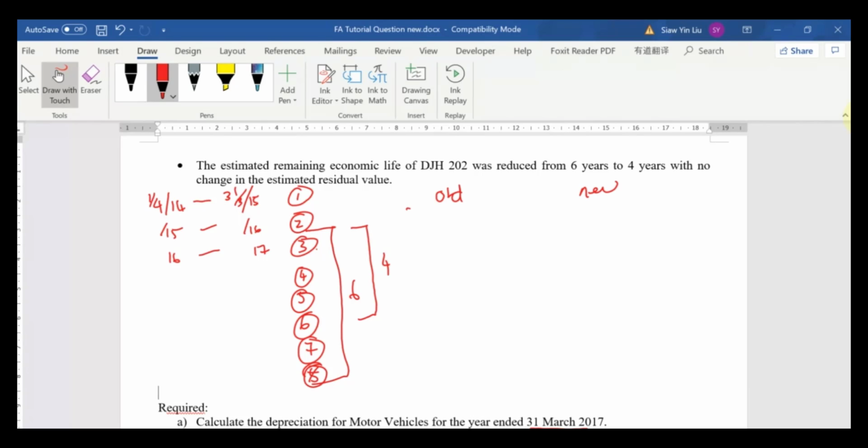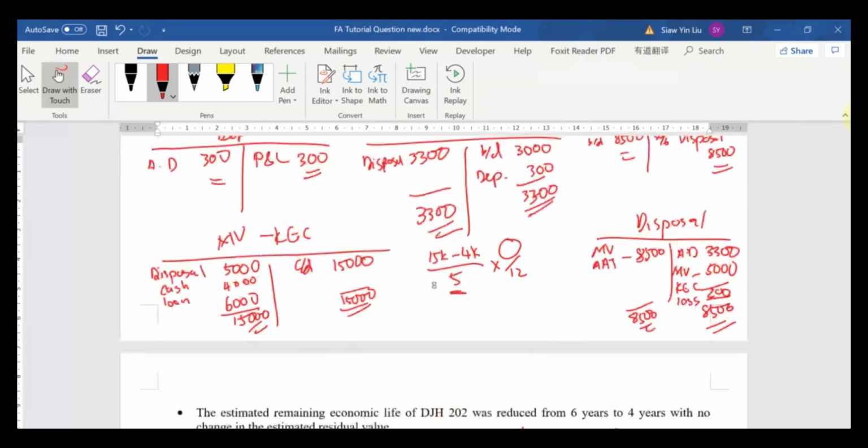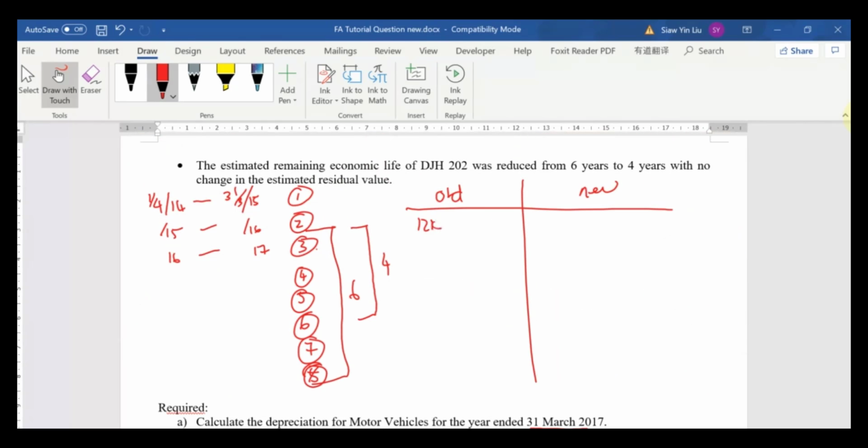Okay, now the old depreciations, if you look at here, the cost is 12,000, right? Just check. Your cost is 12,000. Residual value is 2,000. So 12,000 minus 2,000, divided by 8 years. So every year you will depreciate 1,250.